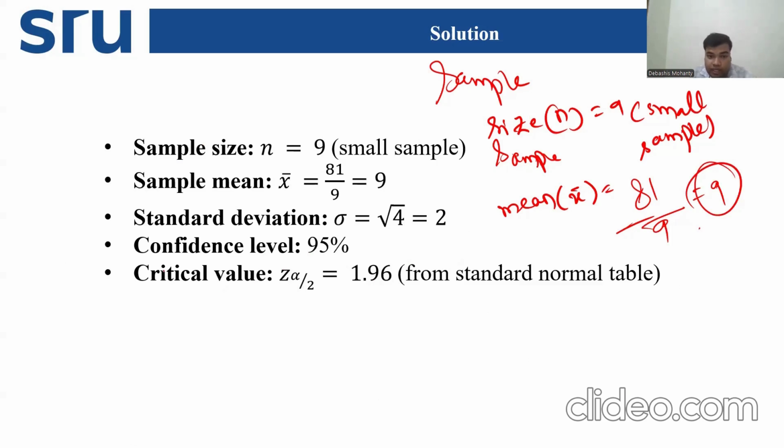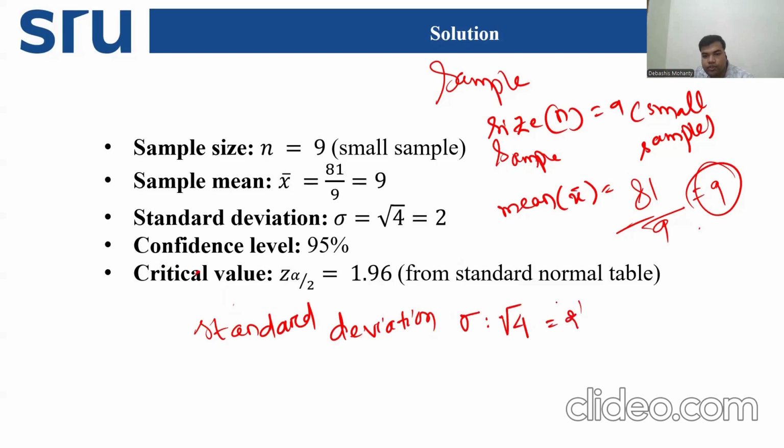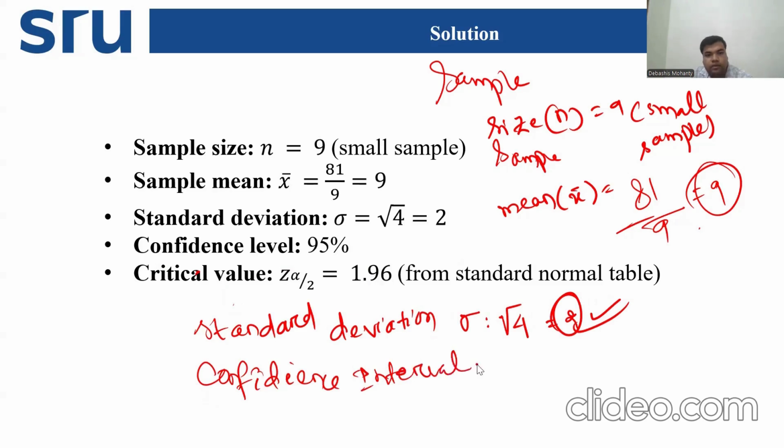After that, a very important thing is the standard deviation. Students, the standard deviation sigma is the square root of the variance, that is 2. And the confidence level is given as 95%, right?